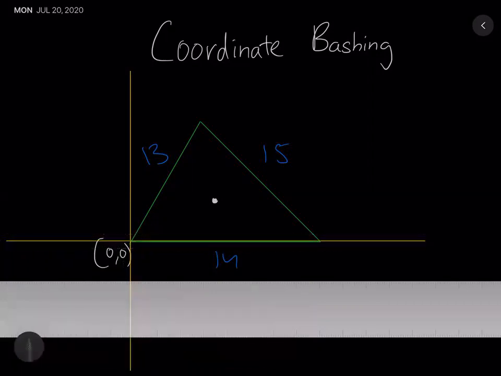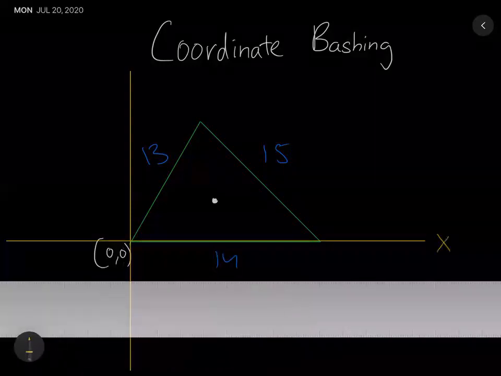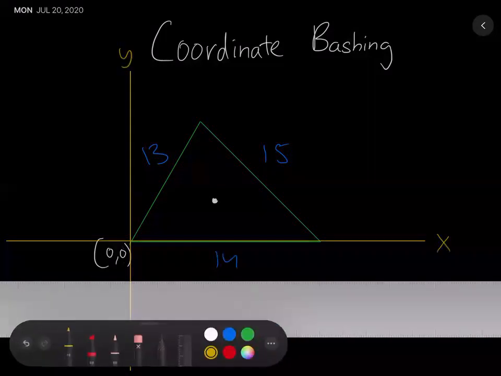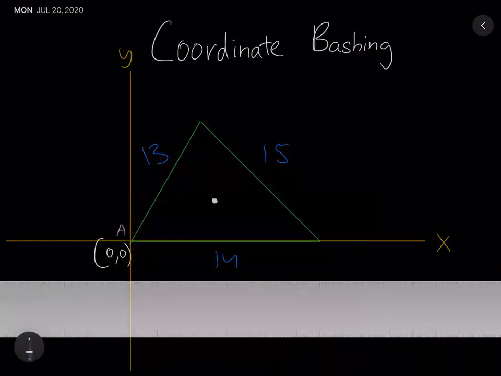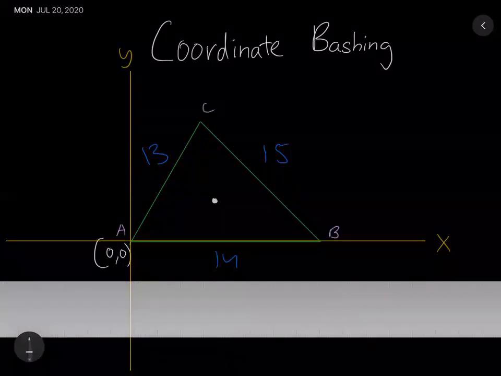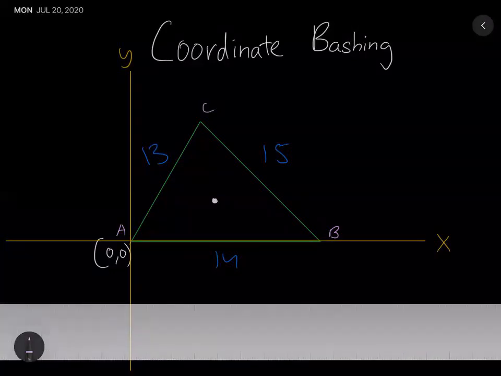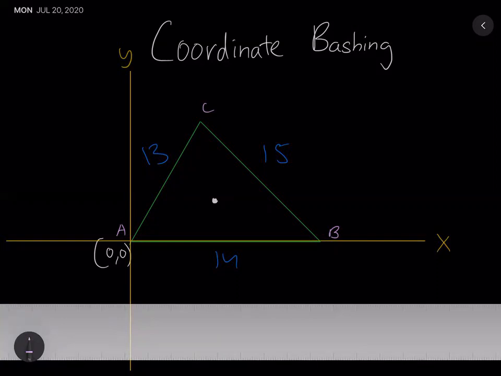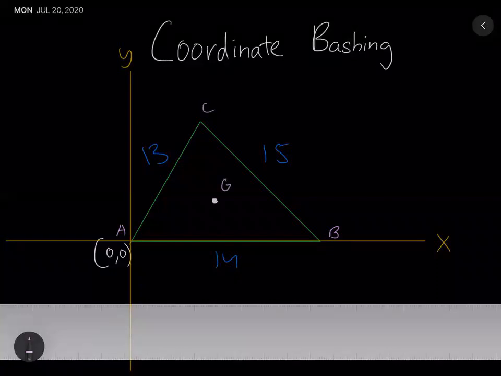So that's our plane, and let me just write X and Y. We put this point, we'll call it A, at the origin. And let's call this point B, this point C. What coordinate bashing allows us to do is determine this point, the centroid, which we typically call point G, by setting it up to be an intersection of two lines. So let's see how we'll do that.